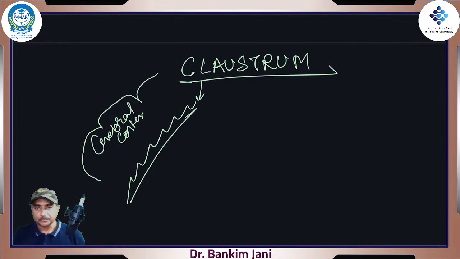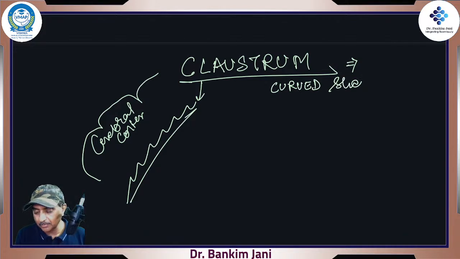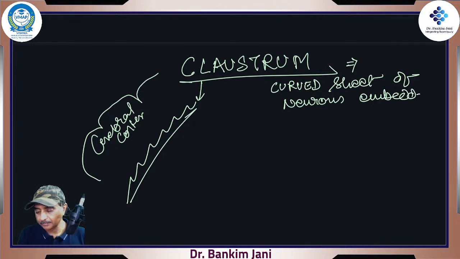If we look at the function of claustrum, it's very confusing, very debatable. But we know one thing very clearly, that basically it is a curved sheet of neurons embedded in white matter.